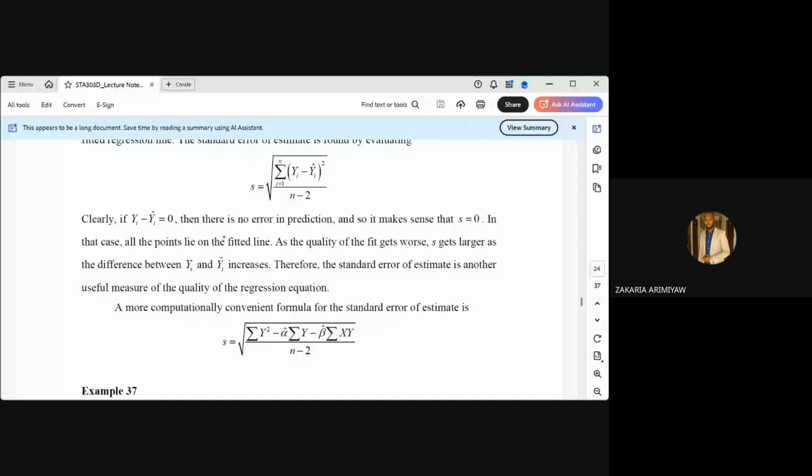Let's look at an example of how we can implement the formula. We are making reference to example 34. We want to find the standard error of estimate for that particular regression equation. Let's go back and understand what was in example 34.